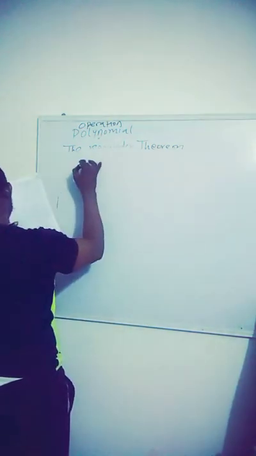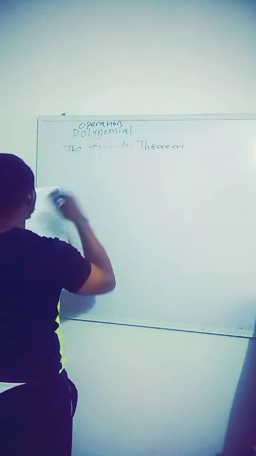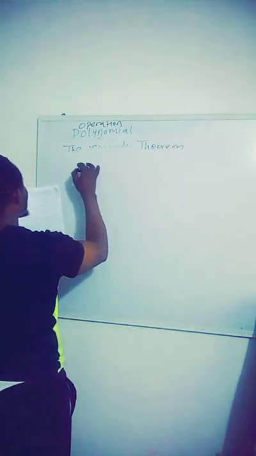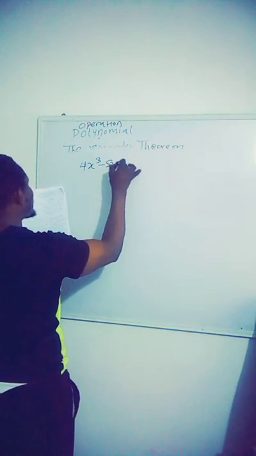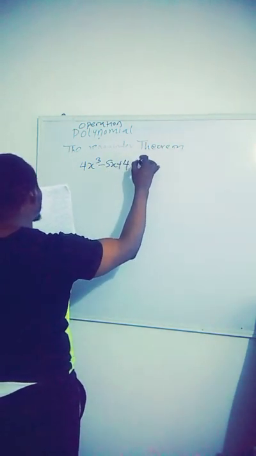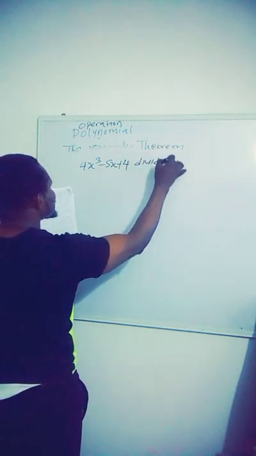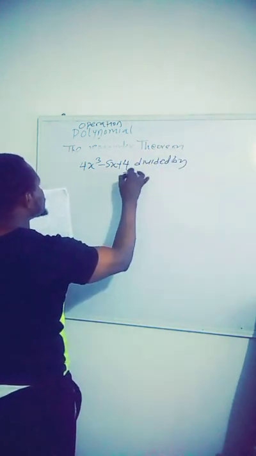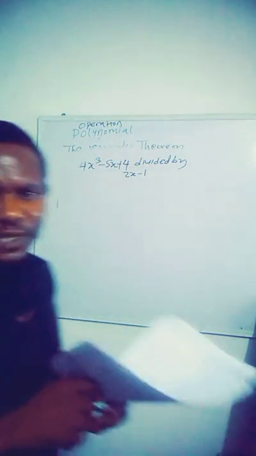If you have, find the remainder when you have 4x cubed minus 5x plus 4. You find the remainder when this is divided by 2x minus 1. So drop the answer in the comment section.